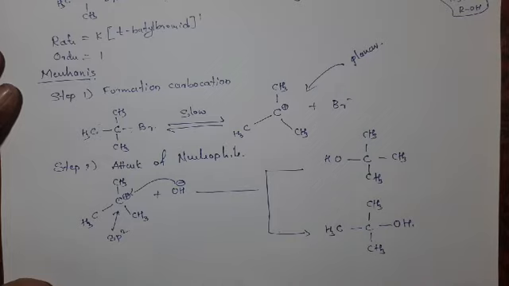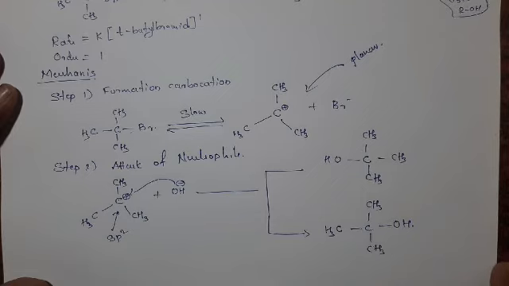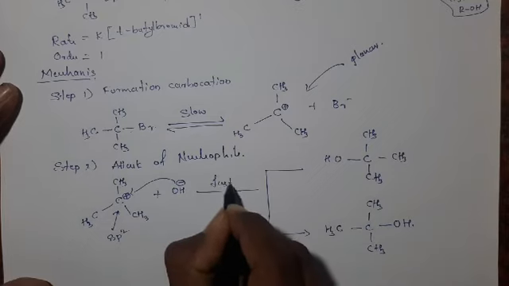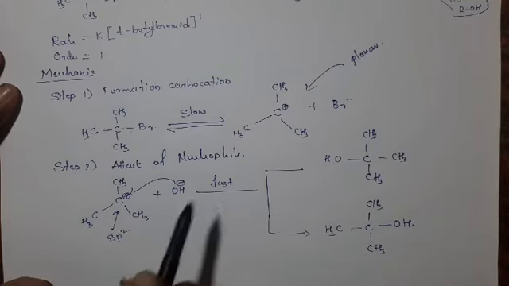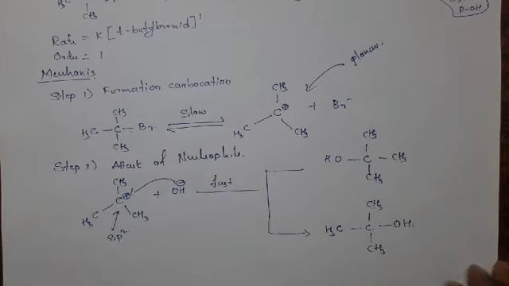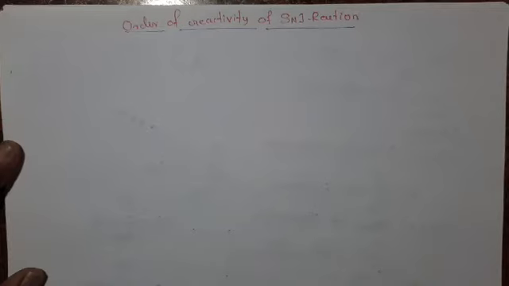Hence, in the SN1 reaction, a racemic mixture is obtained. Okay, getting my point? Step 2 is the fast step, and the slow step is the rate determining step. This is the SN1 reaction with mechanism.